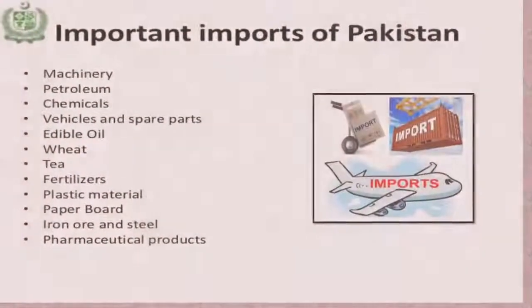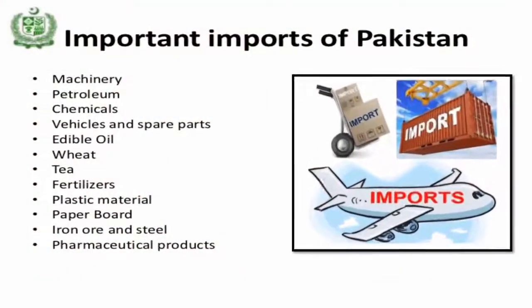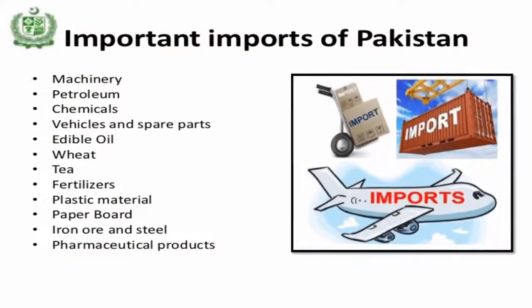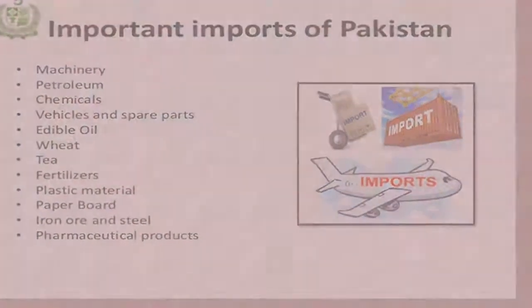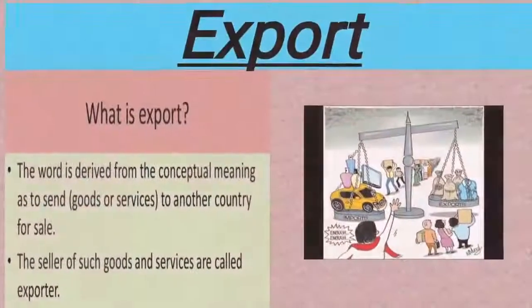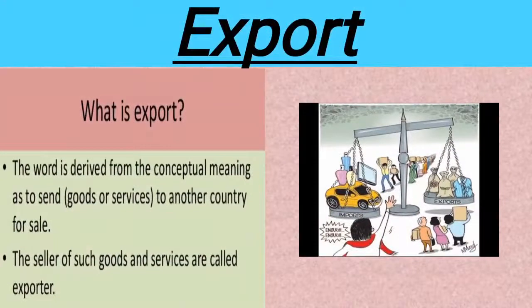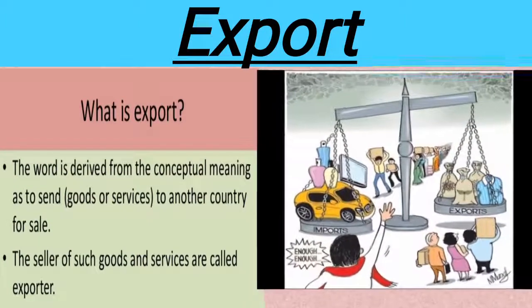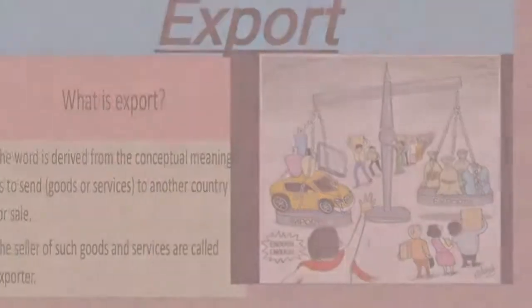So it doesn't matter whether these goods and services are made by a domestic trader or at a major level. Remember that Pakistan's main exports are rice, cotton, fruit and some sports goods, right?